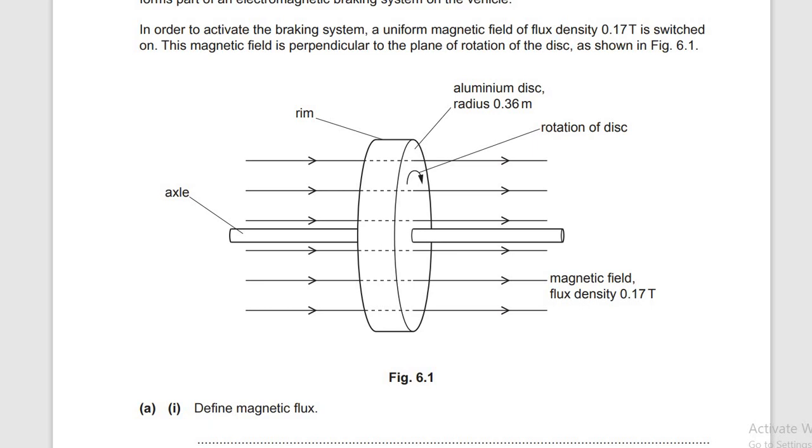In order to activate the braking system, a uniform magnetic field of flux density B, 0.17 Tesla, is switched on. The magnetic field is perpendicular to the plane of rotation of the disc.